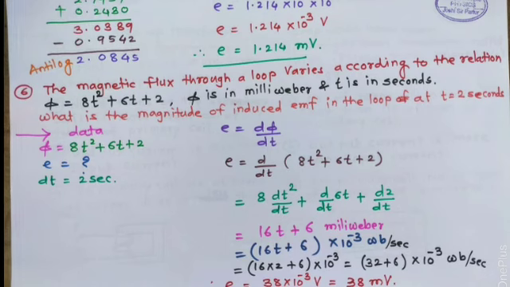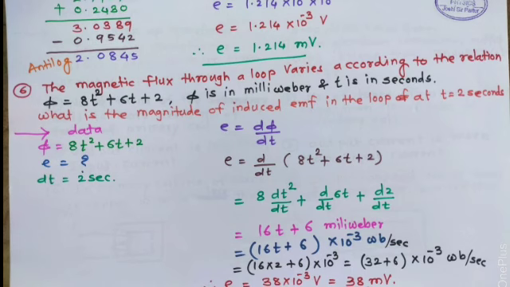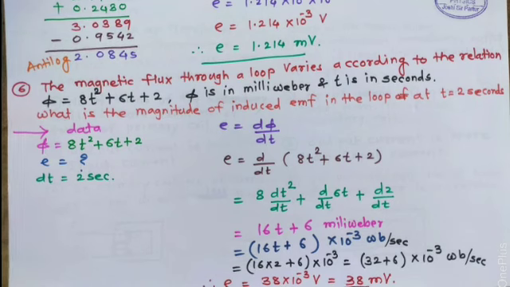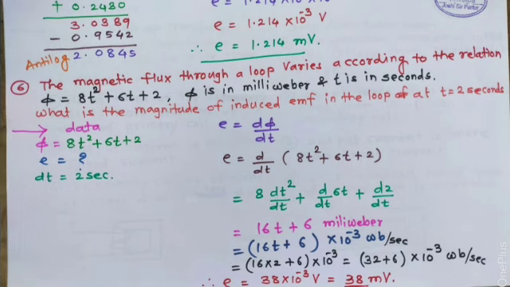What is the magnitude of induced EMF in the loop at t equal to 2 seconds? Here we can write the data: phi equal to 8 t square plus 6t plus 2. So here we can calculate EMF. Time is given, that is t equal to 2 seconds.